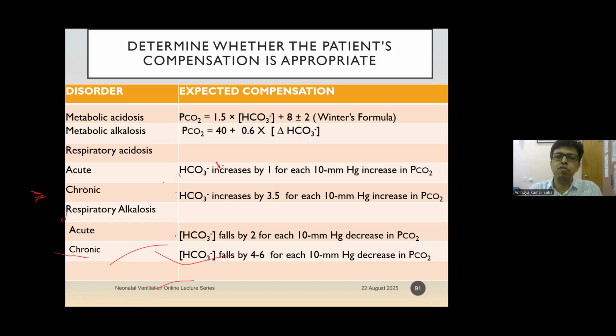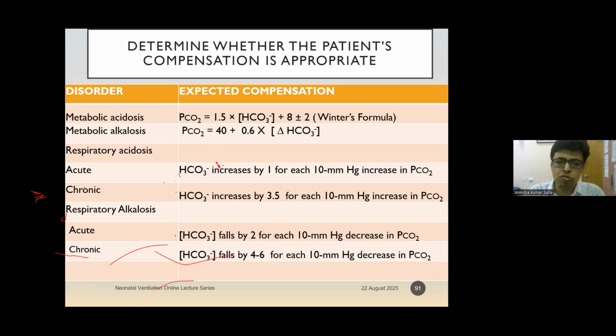Suppose the bicarbonate value is 30, so the delta bicarbonate will be 6. So the PCO2 will be 0.6 times 6, that is 3.6, plus 40. So it will be 43 or more. So if the PCO2 is at that level, then it is adequately compensated.